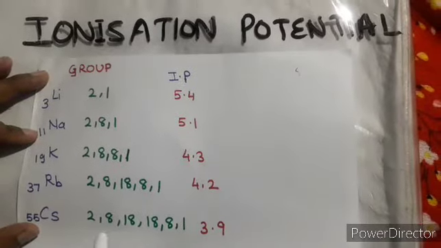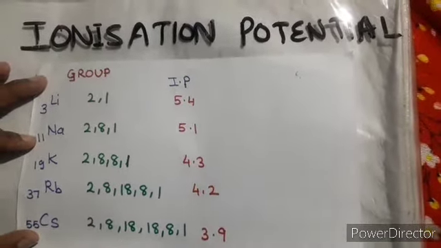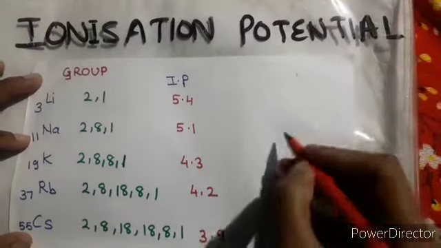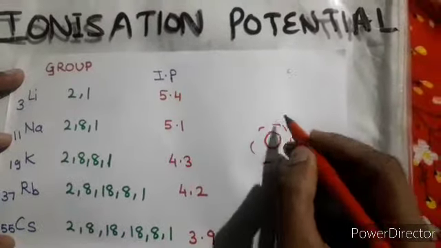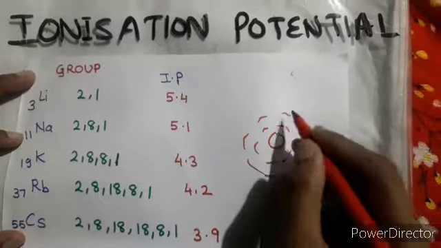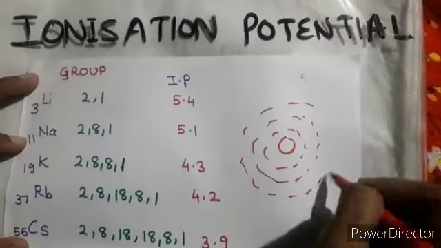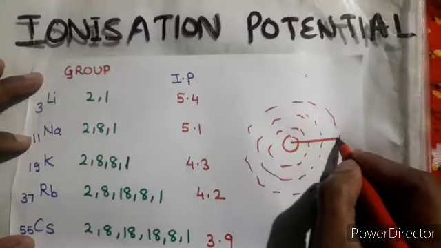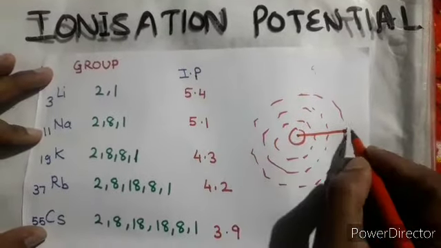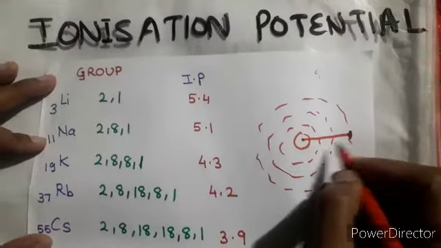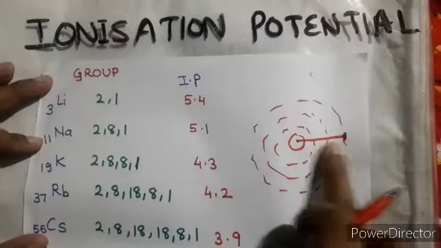You know it very well, when you are making the electronic configuration of an atom, you draw this particular diagram, and this is the distance from the center of the nucleus to the outermost orbit, and this distance is known as atomic size. The more the number of shells, the more the atomic size.